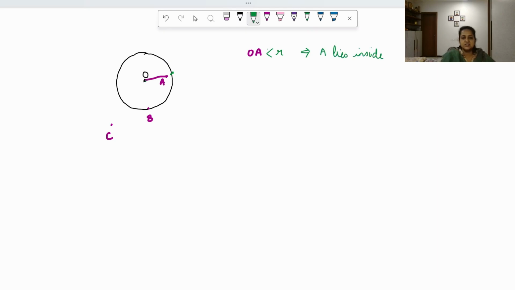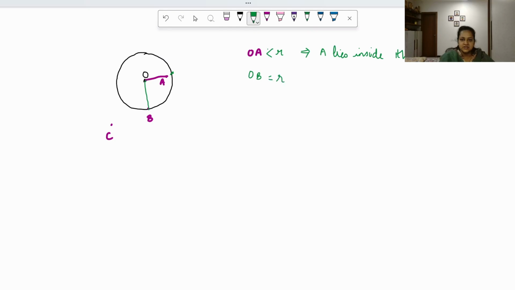So looking at the distance of a point from the center, we can also find out its location. We calculated OA and found OA is less than the radius, so A lies inside the circle. What if I have OB where B is lying on the circle?